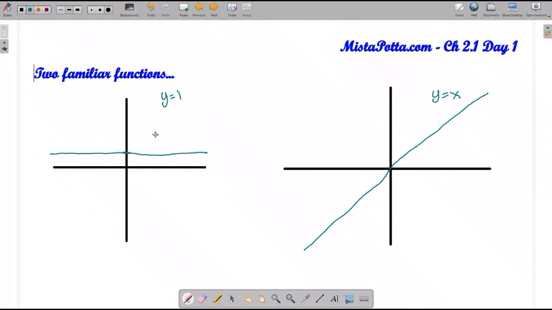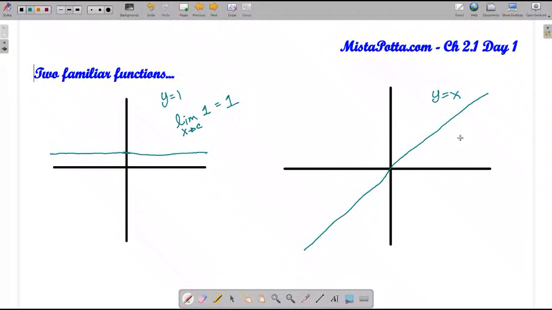And the idea here is if I'm looking at my constant function at y equals 1, then if I were to ask what is the limit as x approaches some value c of my function, well, as x approaches c, no matter what x is approaching, my y value is approaching 1.